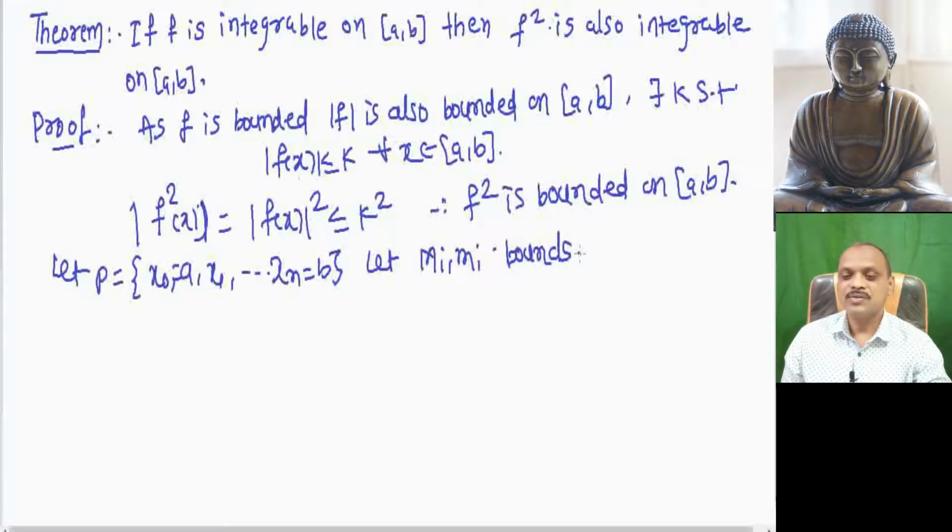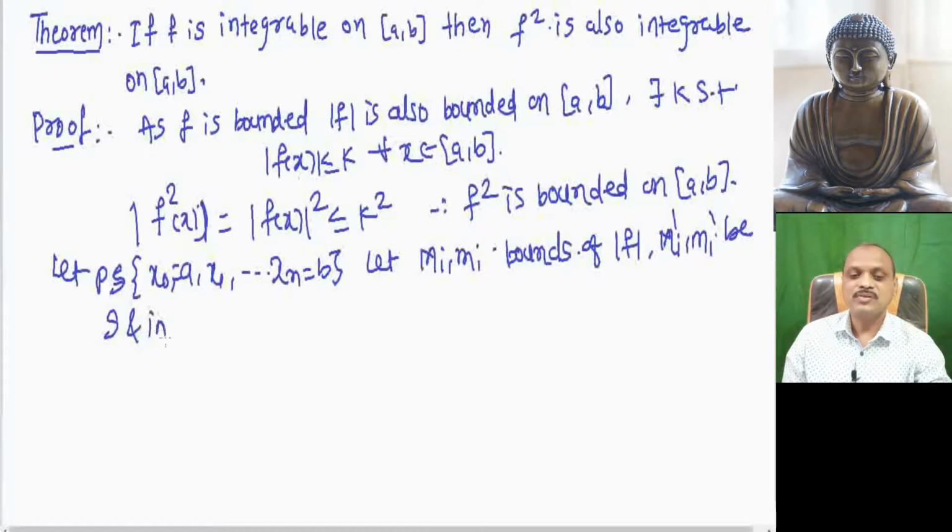Bounds means supremum and infimum of the function mod f, and let capital Mi dash comma small mi dash be the supremum and infimum of the function f square respectively.